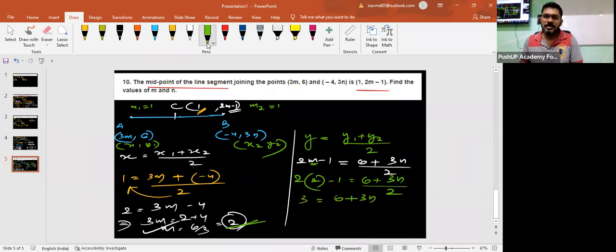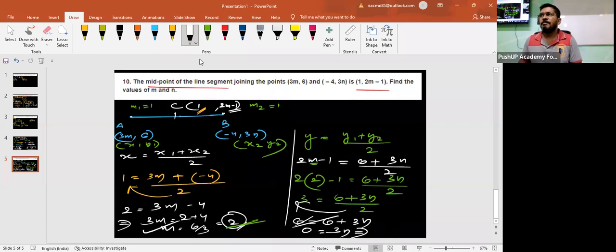So 3 equals (6 plus 3n) whole divided by 2. Let's cross multiply the 2 to the left hand side. 6 is equal to 6 plus 3n. Now 6 and 6 will get cancelled from both sides. So 0 is equal to 3n. Albina, n is equal to 0 divided by 3, which is equal to 0.